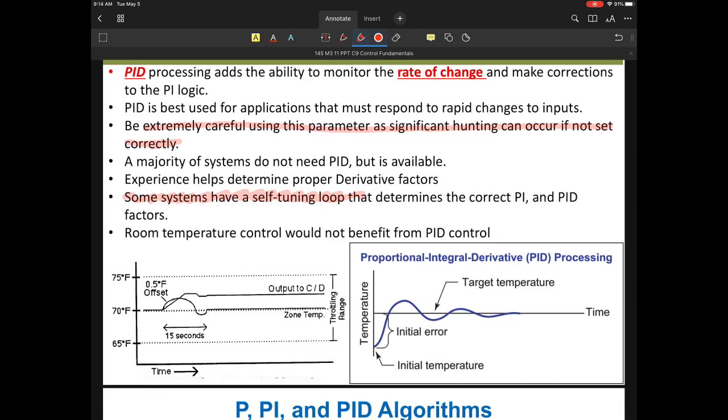The whole goal of this is to try to reduce the amount of error, again, based on the rate of change. Just like in PI control, it's just another level more advanced than the PI controller in the fact that the output to the control device could be anywhere from 0% to 100%, to try to make the control point and the set point the same.